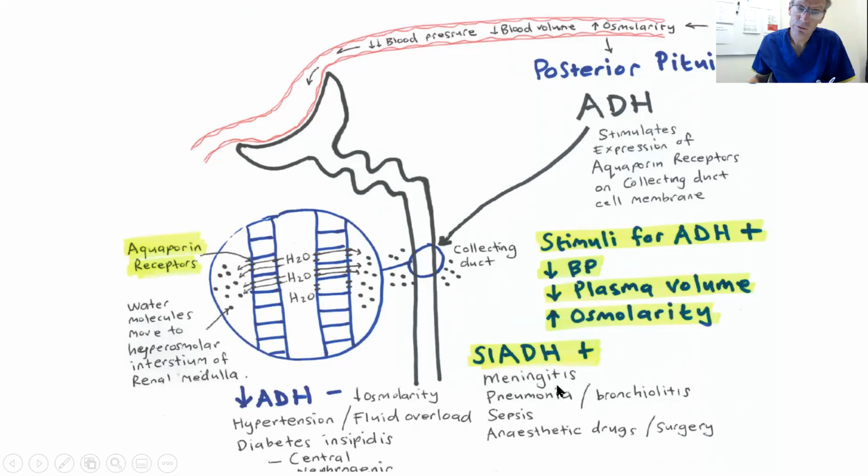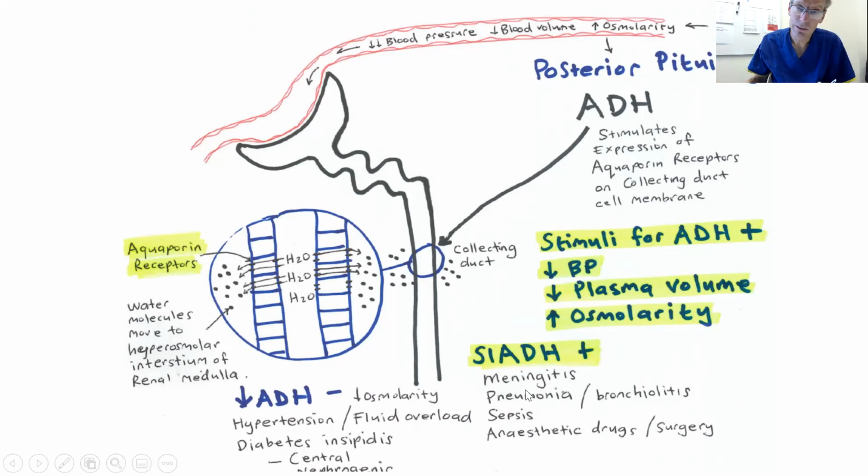And sometimes if we give them the wrong fluid, then they'll get hyponatremic. Their serum sodium will drop because they've got high retention of water. They can't pass much water because their ADH levels are high, and so they retain water, and that dilutes their serum sodium, and their sodium level drops. Okay.